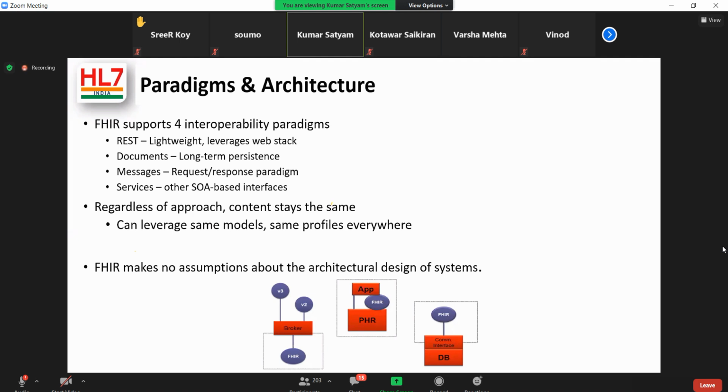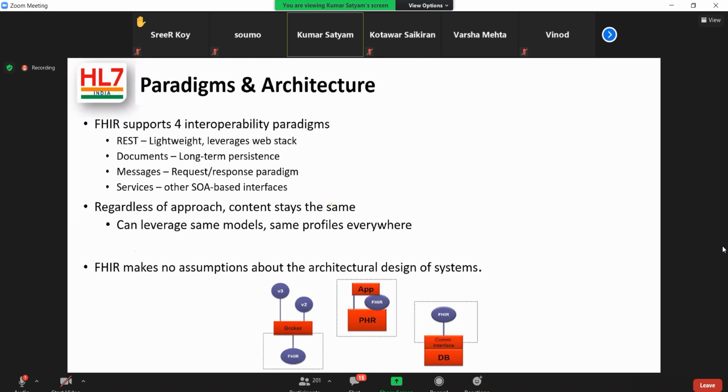REST we already talked about. Documents are for when you want to exchange documents, for example lab reports, a discharge summary, or an encounter note. These are not resources, because resources are small items: Observation is a resource, Patient is a resource, Encounter is a resource.